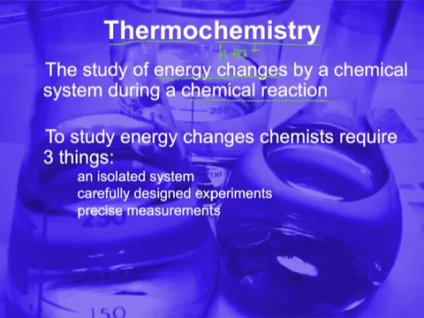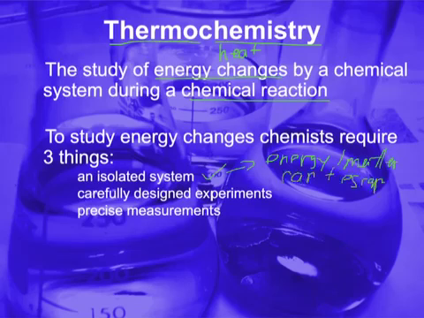In order for us to study thermochemistry, we require three things: an isolated system, which means that energy or matter cannot escape. All energy and matter is accounted for. We must have carefully designed experiments, and we have precise measurements.